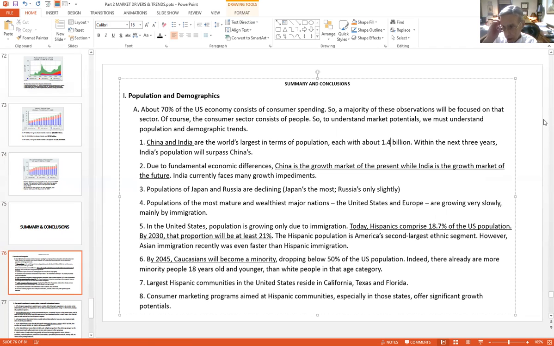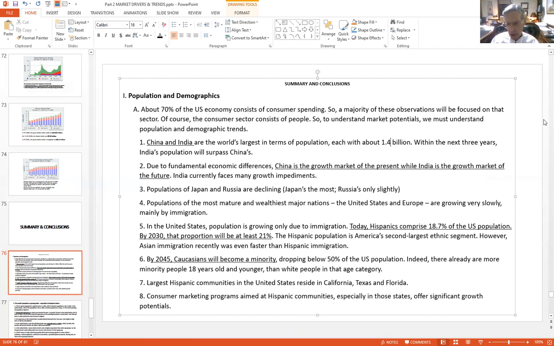Within the next 3 years, India's population will reach 1.5 billion and surpass China's. But because of differences in the quality of their economies, China today is the growth market of the present. India will be the growth market of the future, but it has to solve a lot of political and economic problems.